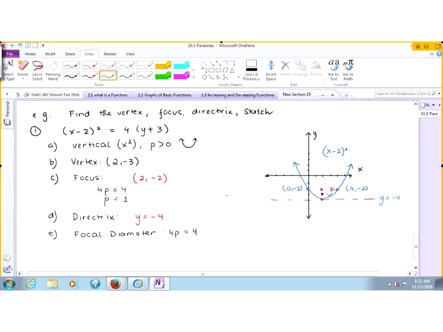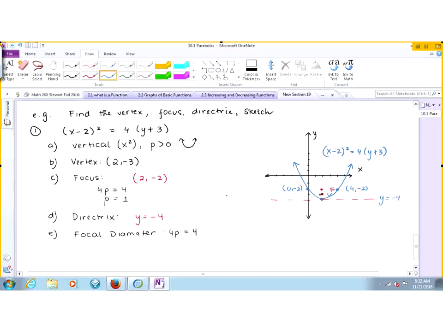So this parabola is x minus 2 squared is equal to 4 times y plus 3. When I draw this, you see what I did wrong on my sketch?